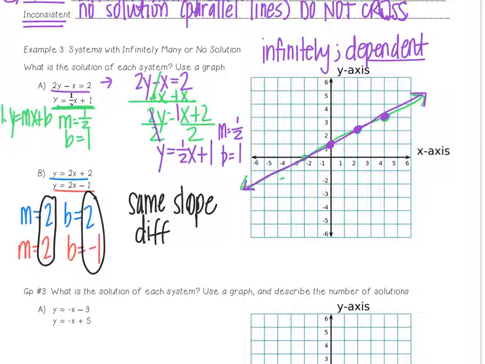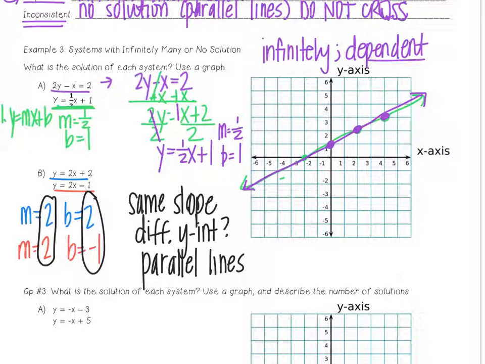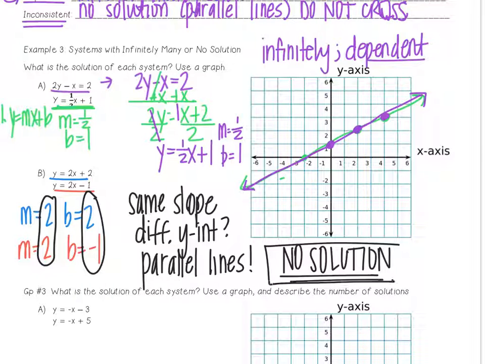What type of lines have the same slope, different y-intercepts? Parallel lines. If the solution to a system is the point where they cross, and parallel lines never cross, then a parallel line system has no solution. I don't have to graph it. All I have to do is look at my slope.